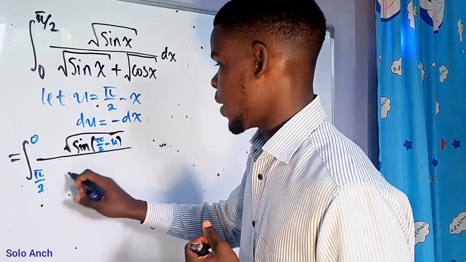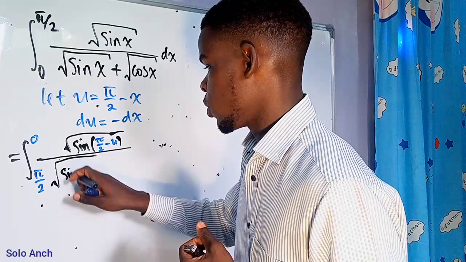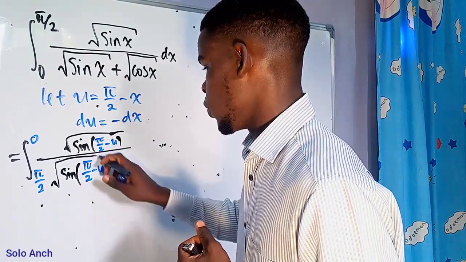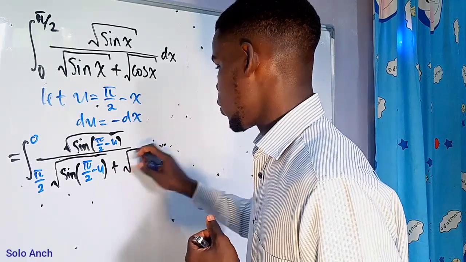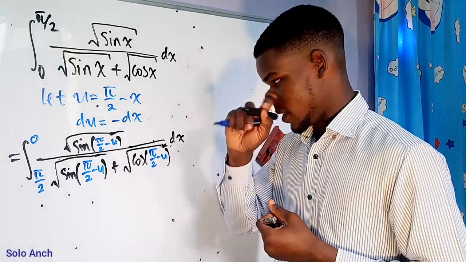Then we divide by the square root of, similarly, sine of pi over 2 minus u, and then we add it with the square root of the other term.